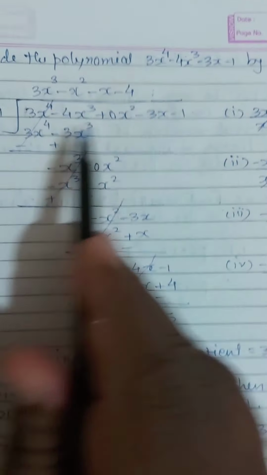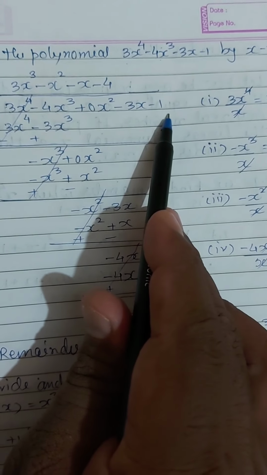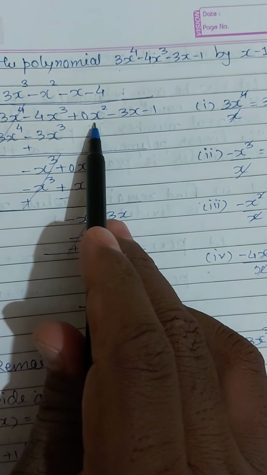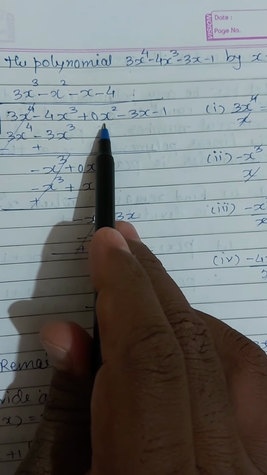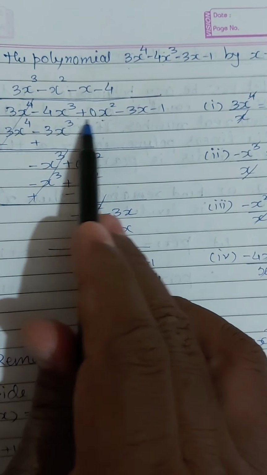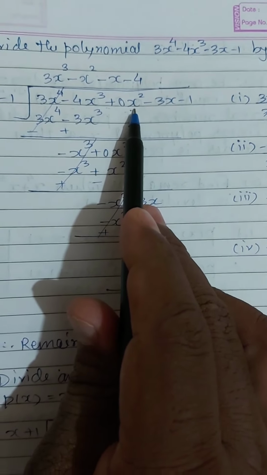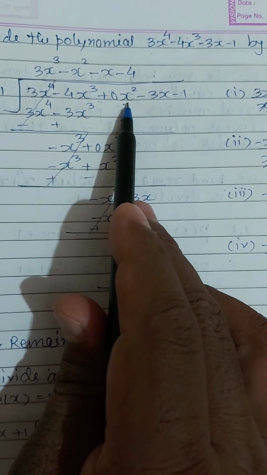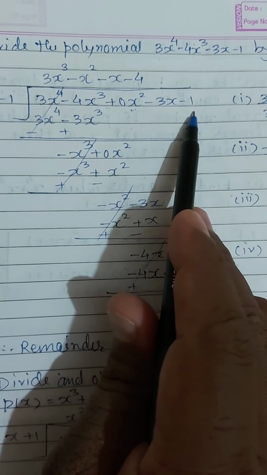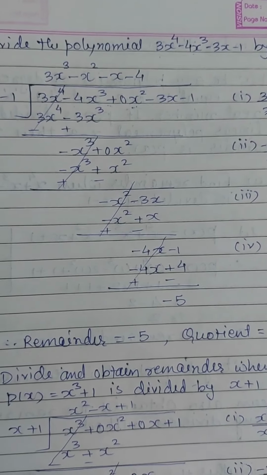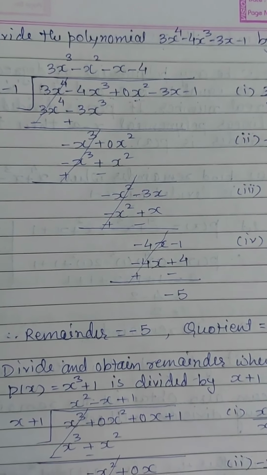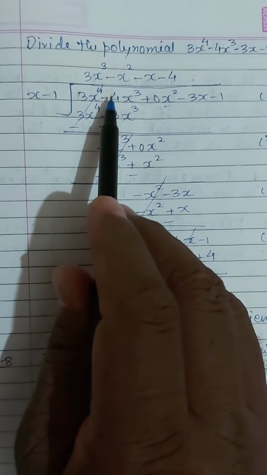So whenever you are writing the dividend polynomial here, you have to insert the term 0x square and add that term. So the division method becomes easy for you. Step by step you have to arrange the terms, so this method becomes easy for you, right? Okay, now we are going to start.